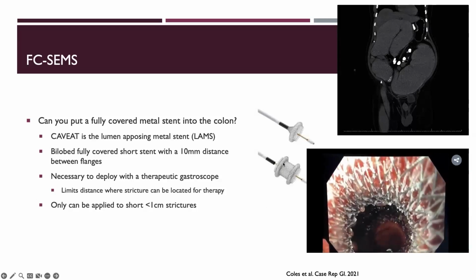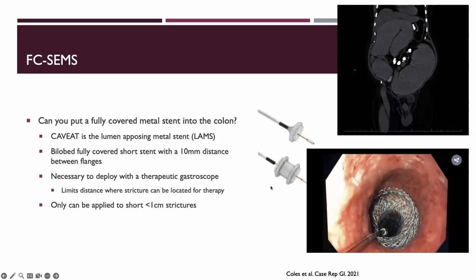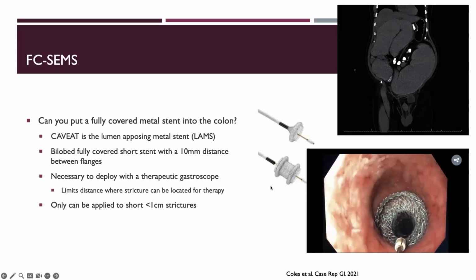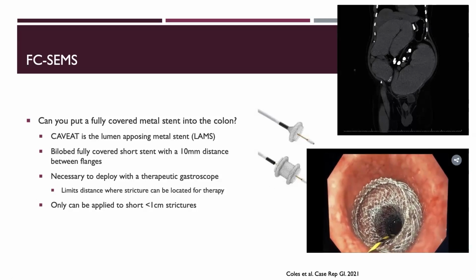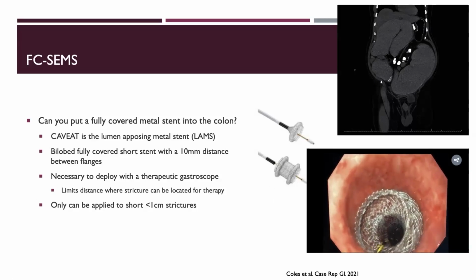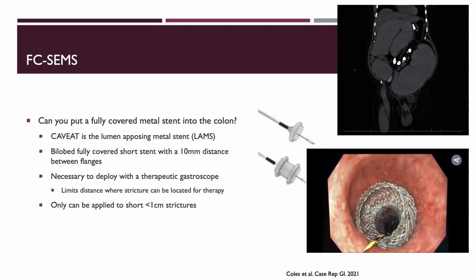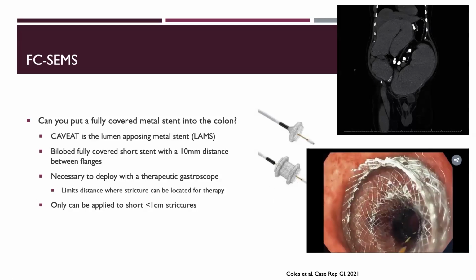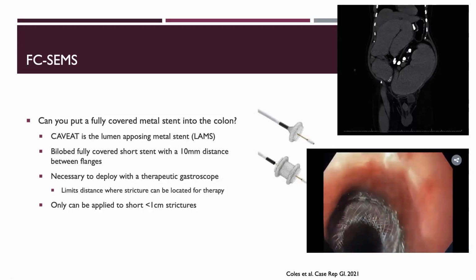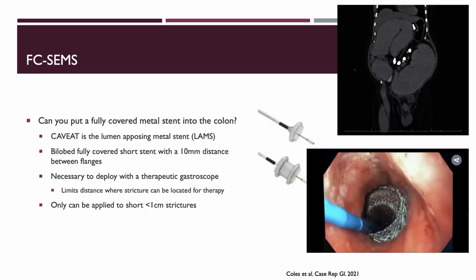The reason this stent works is because of that bilobed technology, right? You have something on the proximal side and something on the distal side that anchors it in place. But again, it's fully covered, so it's totally removable. The advantage here is that you have continual radial force against that stricture, so the likelihood of the stricture resolving gets significantly higher than just doing recurrent dilations.